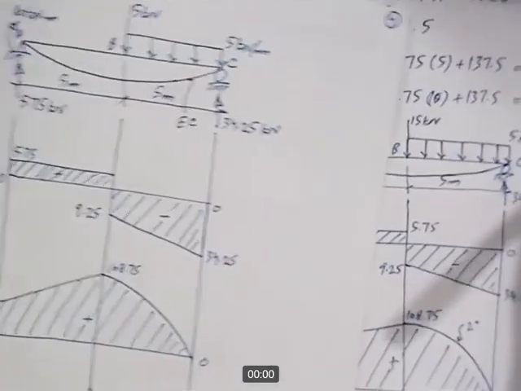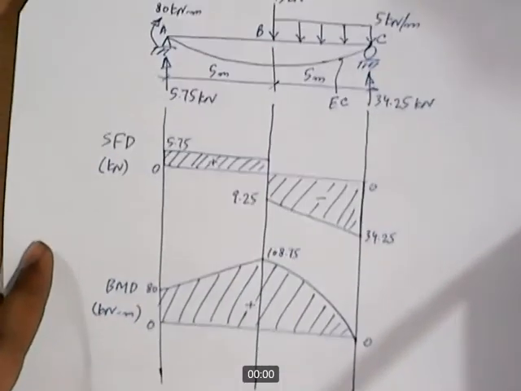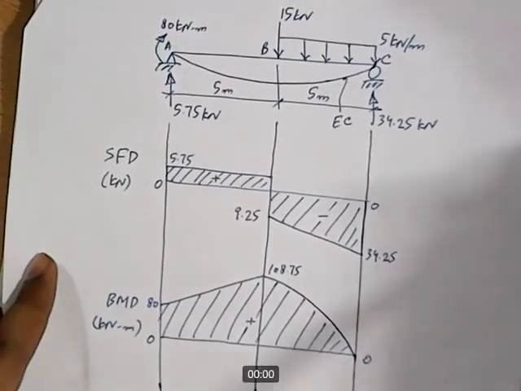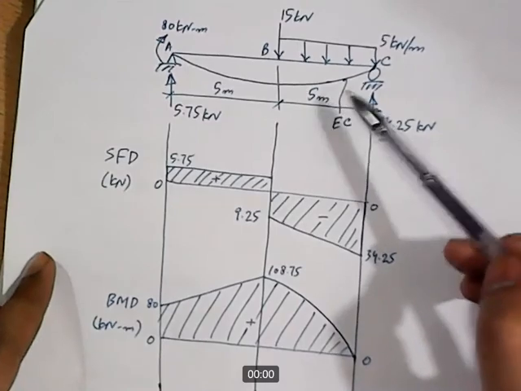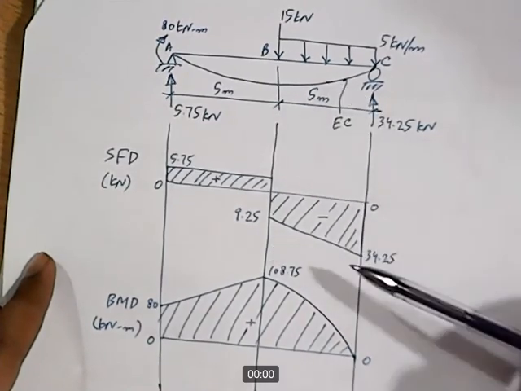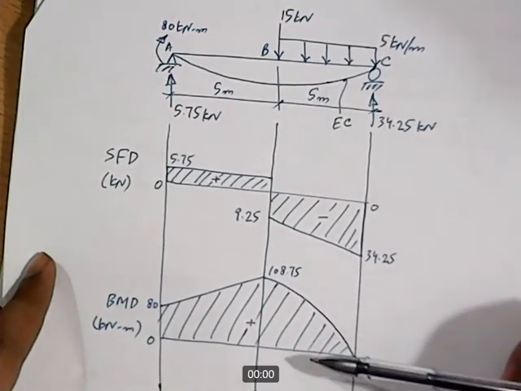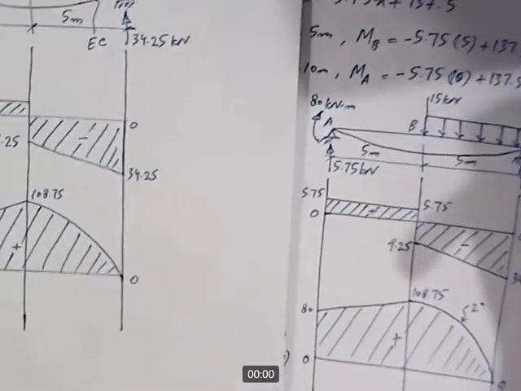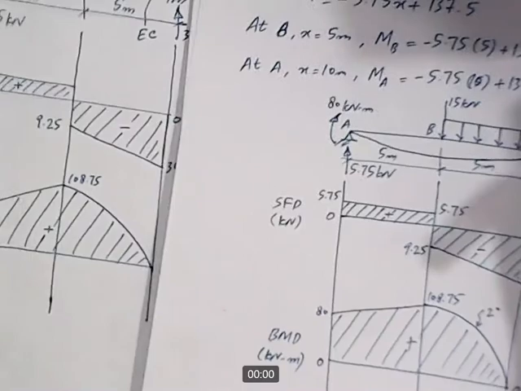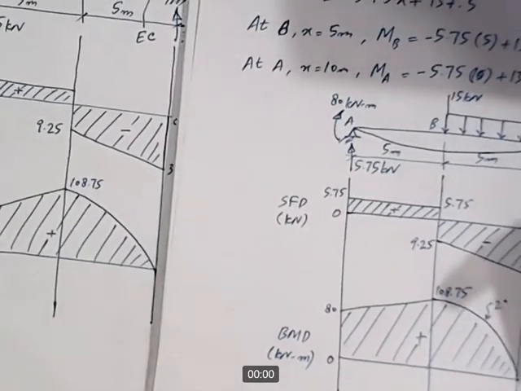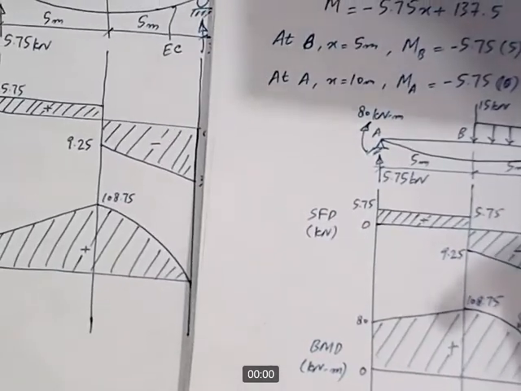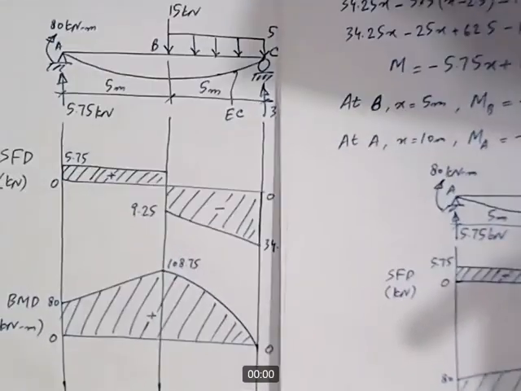Now here is our previously drawn shear force diagram and bending moment diagram. You see, this is our previous solution. It's exactly the same beam, and here is our shear force diagram and bending moment diagram, and this is our new solution. Let me try to bring both of them in the same frame. I think it's a bit hard, but you can surely get an idea.